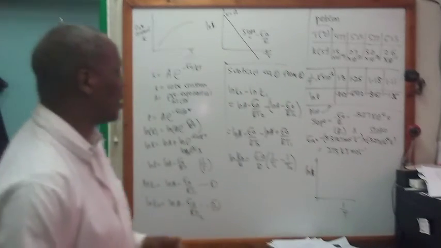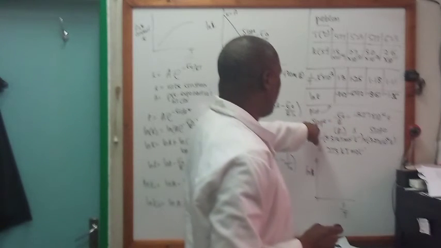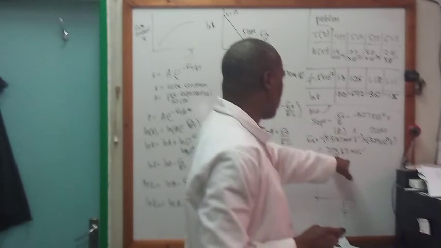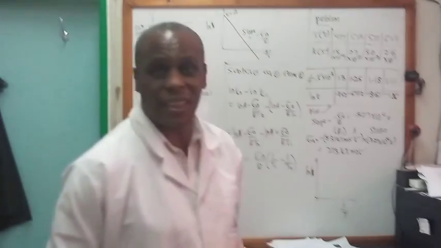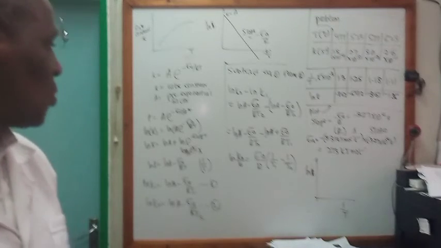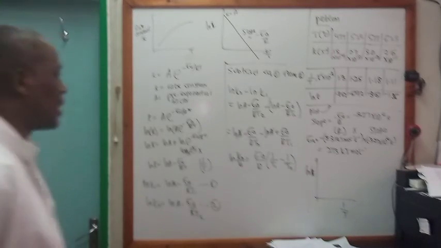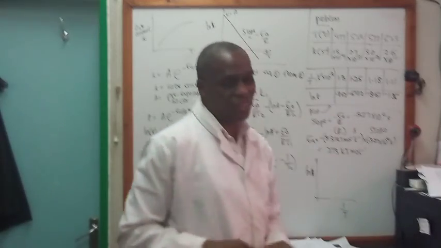So the EA will be given by the slope which you get multiplied by the R. From plotting the figures you can be able to get the activation energy of a reaction.